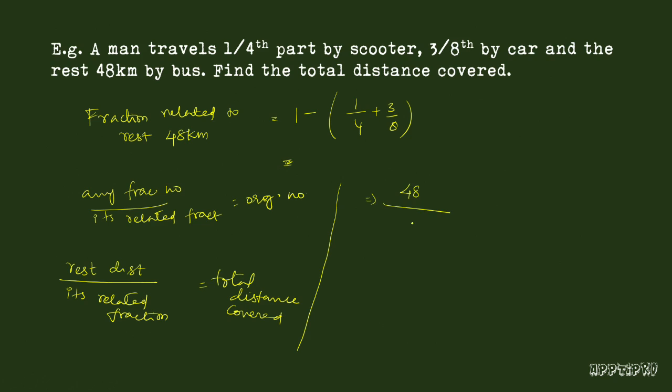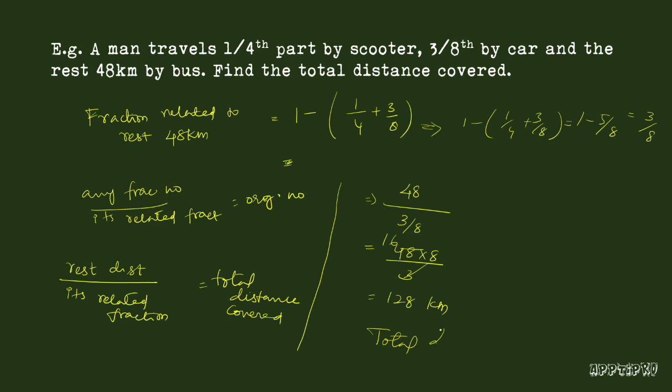The fraction covered by 48 kilometers is 1 minus 1 by 4 plus 3 by 8, which gives 1 minus 5 by 8, that is 3 by 8, is equal to 48 into 8 divided by 3. The answer is 128 kilometers. So the total distance covered is 128 kilometers.